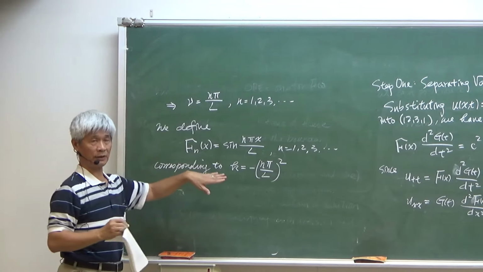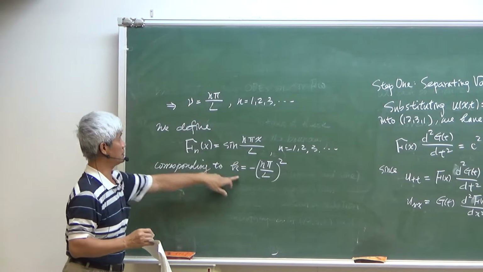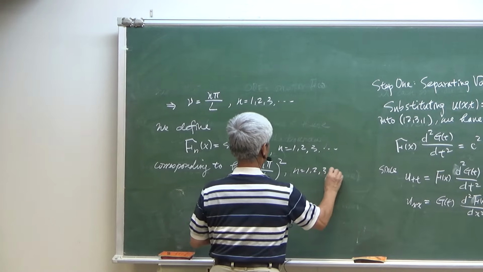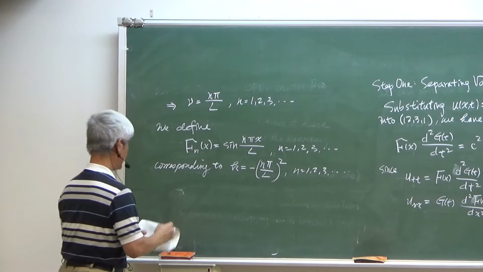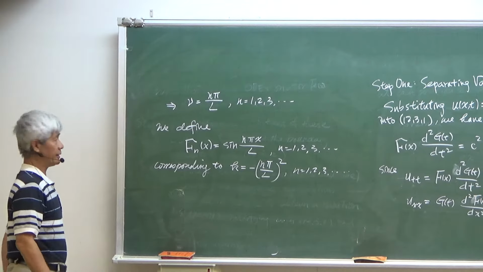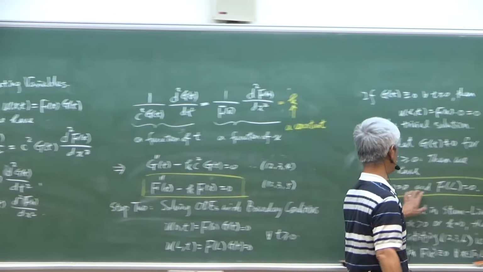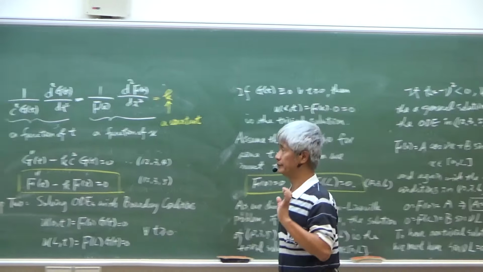This k is equal to minus mu squared. So this is one. So we solve this ODE together with the boundary conditions.